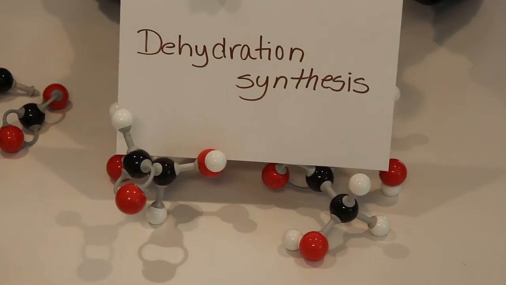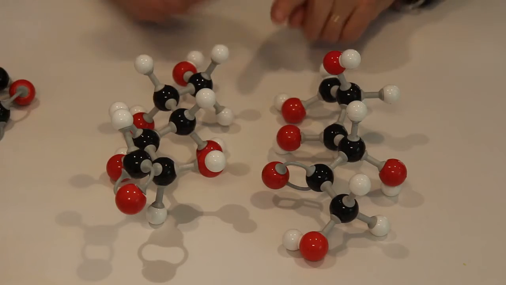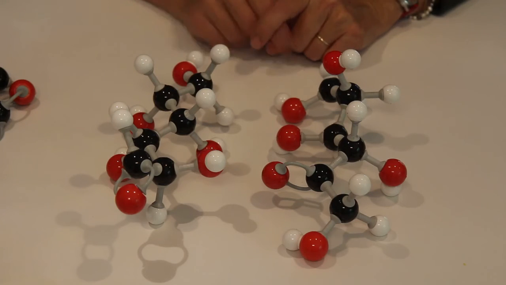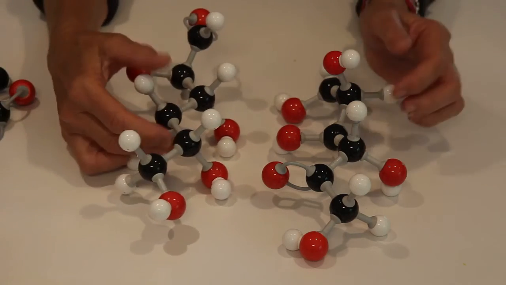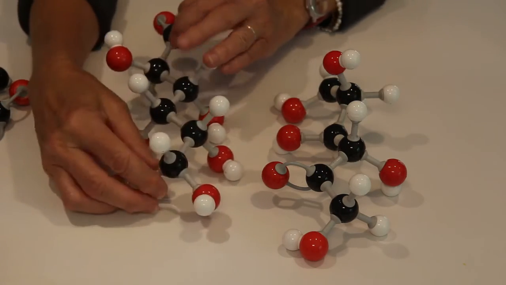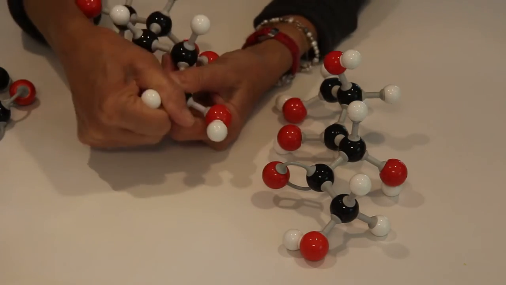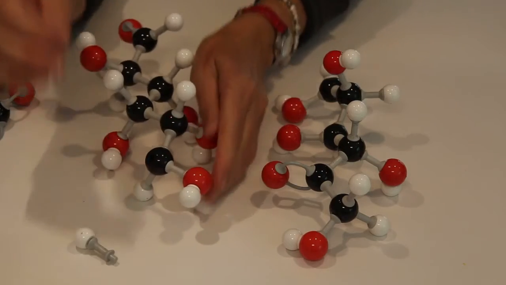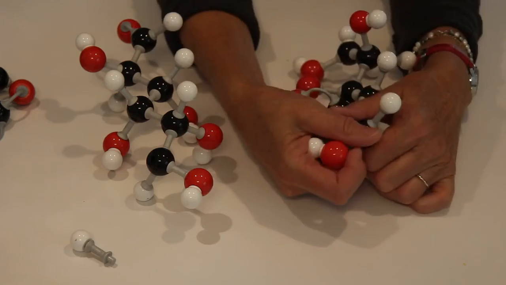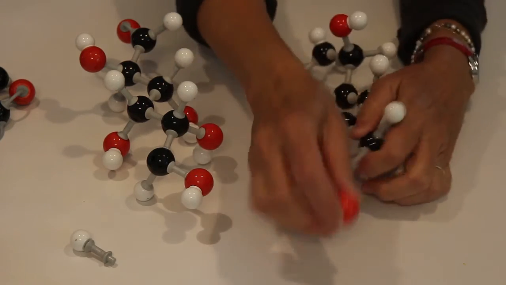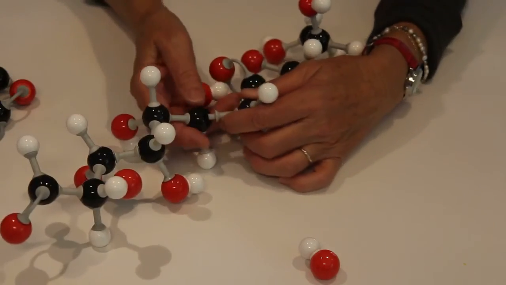Synthesis means we're going to synthesize a new molecule. So let's go from having 2 molecules to having 1. So if I turn this around, this is what I'm going to do. I am going to remove a hydrogen from one of the molecules. And I'm going to remove a hydroxyl, an OH, from the other molecule. And they're going to join in that one location.